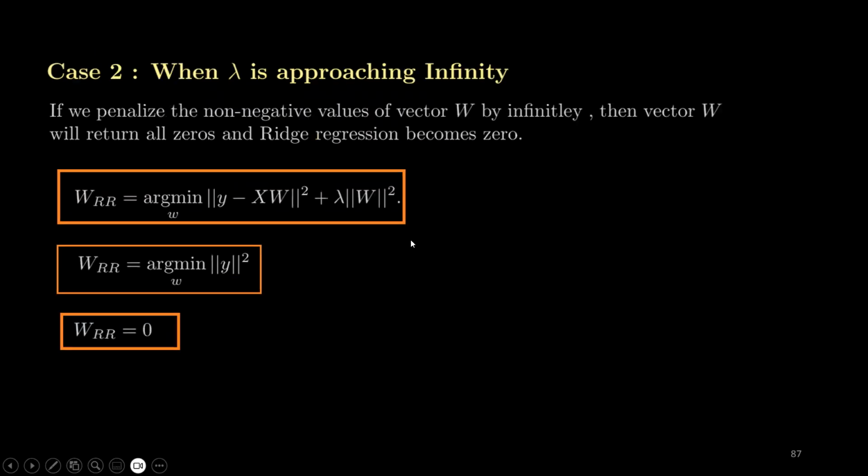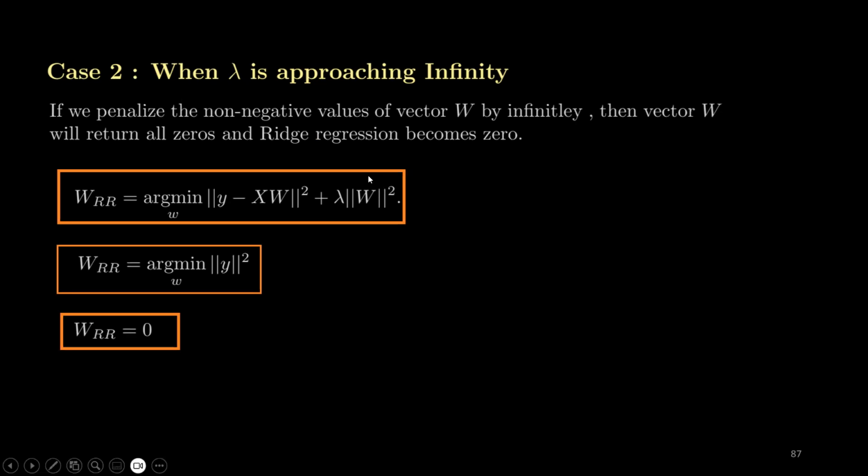The second situation is when lambda is approaching infinity or a very large value. In that situation, what will happen? Lambda will approach infinity only when the weights approach 0. If the weights are 0 or close to 0, then in order to keep the balance, lambda will try to reach an infinite value. So when lambda is approaching infinity, it means the weight is 0.